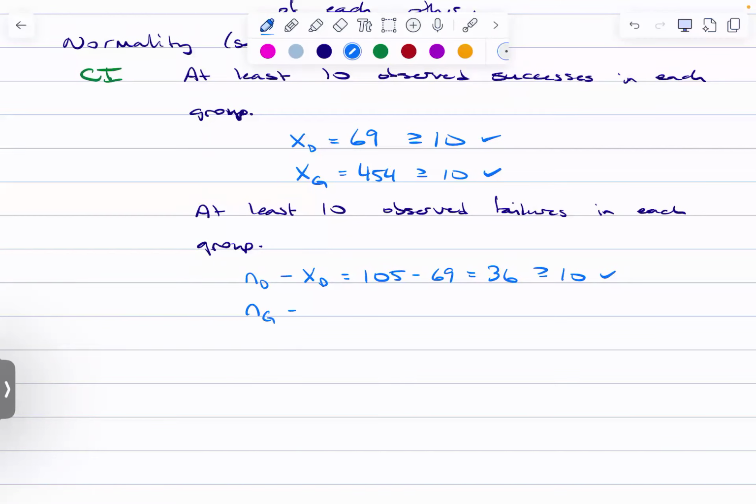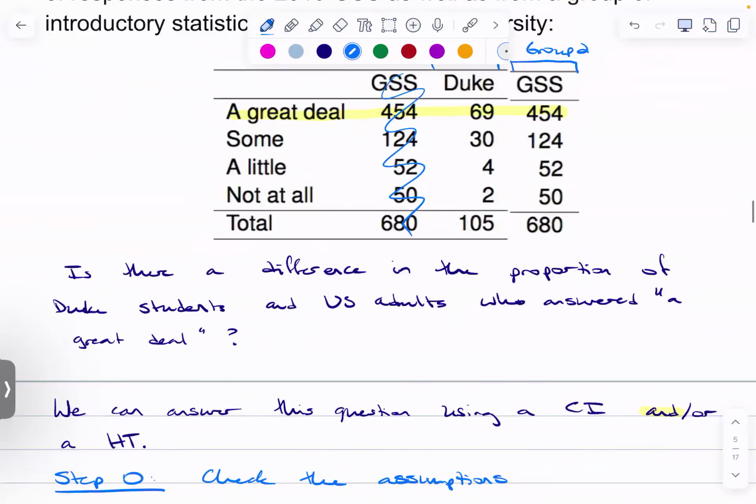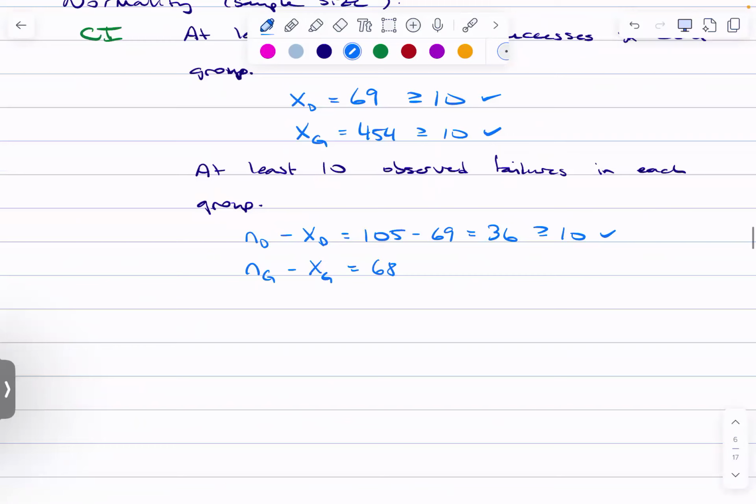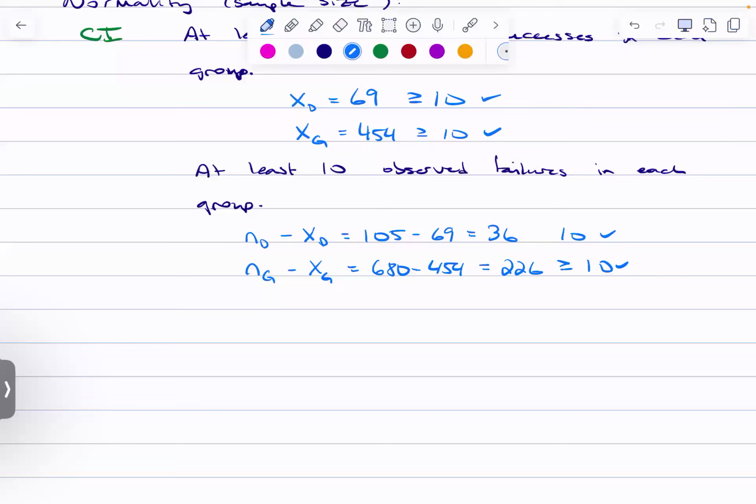Oh, that Duke sample is kind of small, but it turns out it's large enough to apply the normal distribution. And ng minus xg, 680 minus 454, is 226, which is of course greater than or equal to 10.